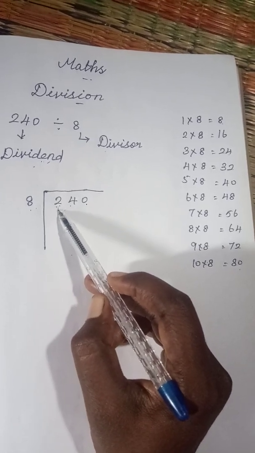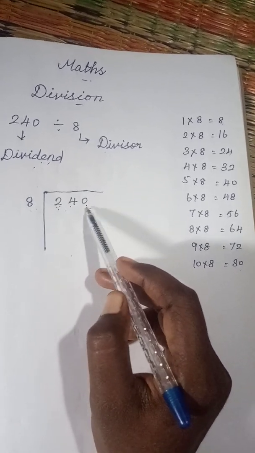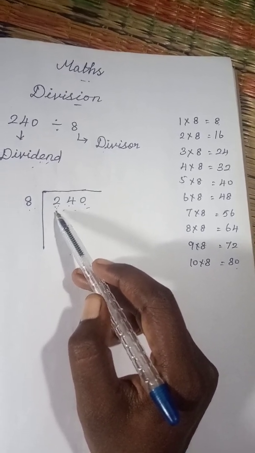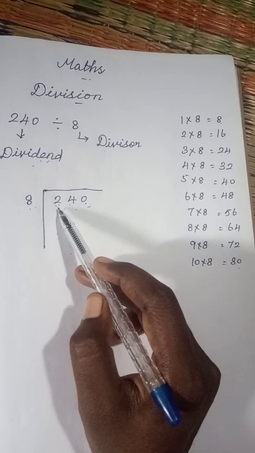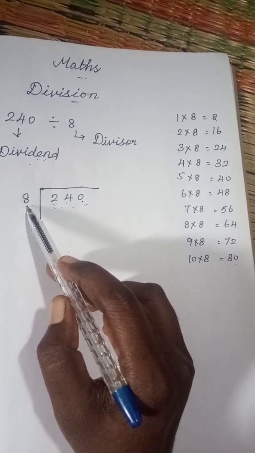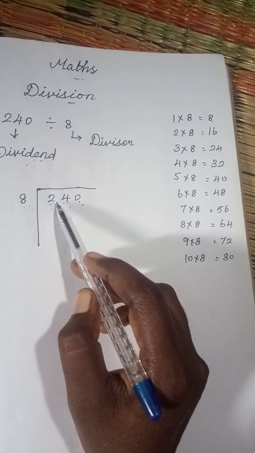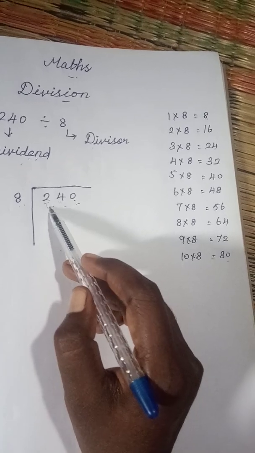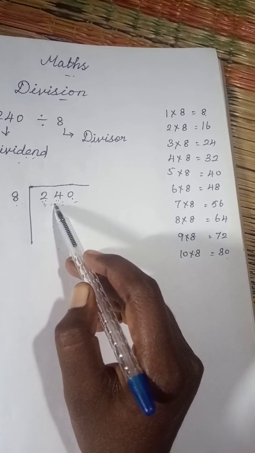Here 2 is the highest digit, in the hundreds place. So we take 2, but this 2 is too small compared to 8. So I'll take the 4 from the tens place. Now we got 24.